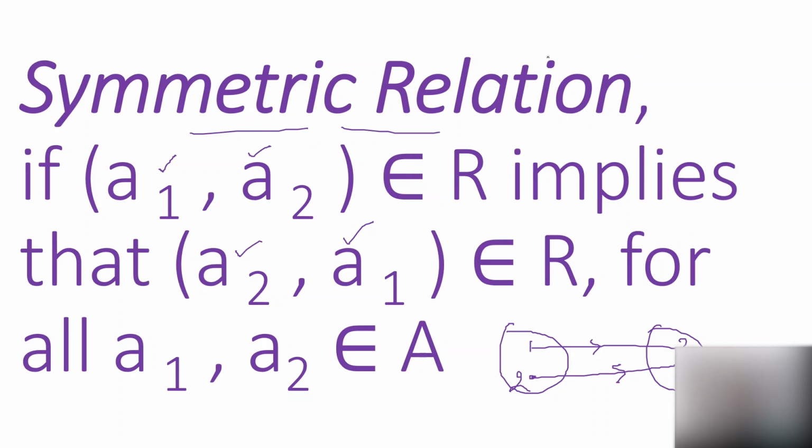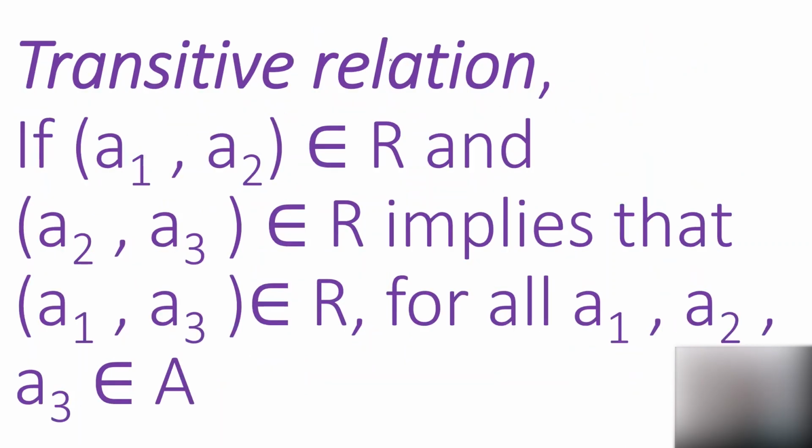Or for more clarity, let us consider two parallel lines. If L1 is parallel to L2, we can say that L2 is also parallel to L1. This relation is also symmetric.